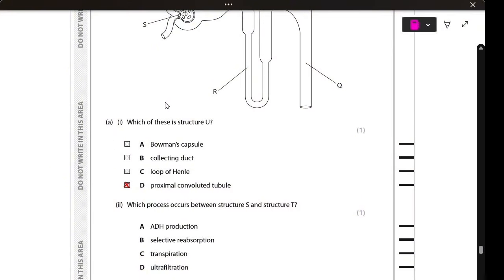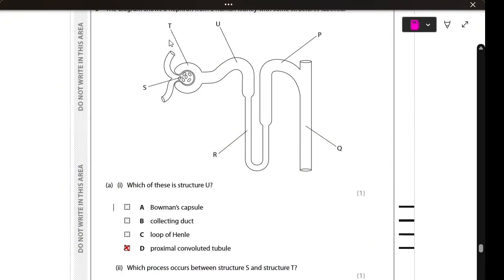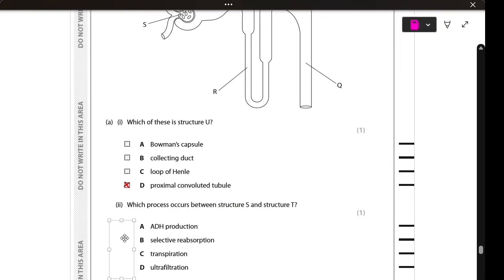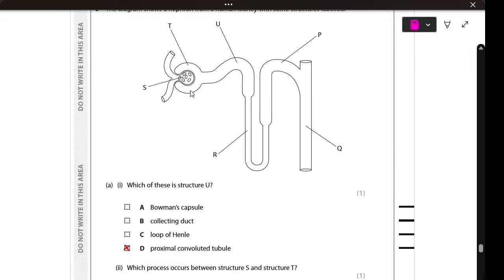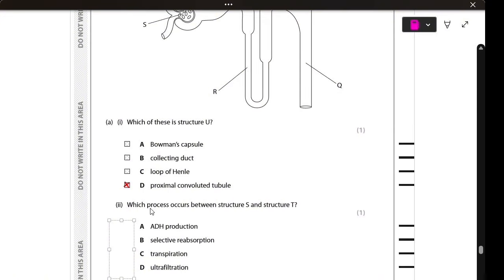Which process occurs between S and T? S and T, so this is the glomerulus and Bowman's capsule. So the process that occurs here is selective reabsorption. Sorry, no. The process that happens here is ultrafiltration, because the proteins or large molecules get filtered here, so they cannot enter the nephron.